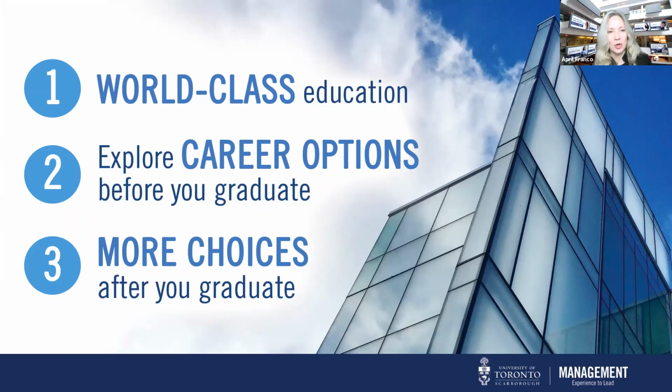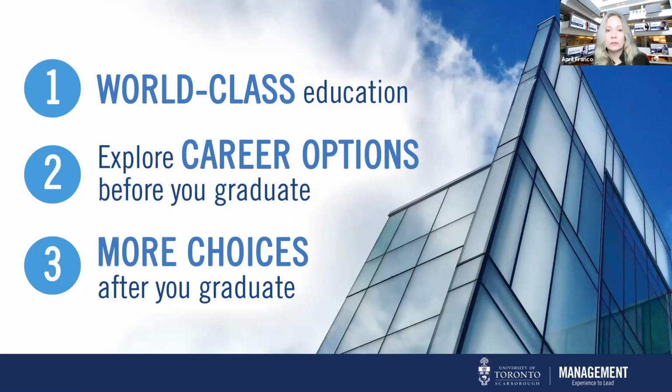Let's talk about the second part, ability to explore your career options. Most of you are 17 years old and making probably one of the biggest decisions you will make in your life. You might not be sure what each of the areas is, and if it's something that you want to do 5, 10, or even 30 years from now, so you want to choose not one career option, but instead a program that will open up many prospects upon graduation.